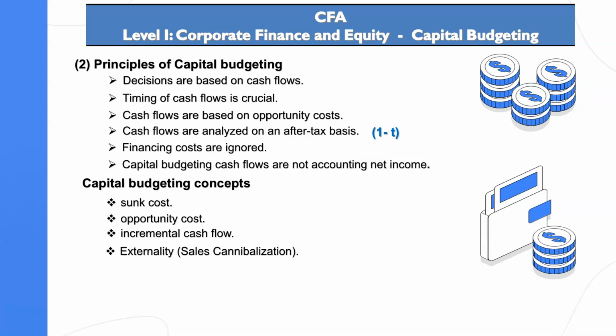If the project increases the sales in one section of the company and decreases the sales in the other part of the company, say you have two sections, a section that sells in country A and the new project will sell in country B. If taking the new project takes out some sales from A, this is called sales cannibalization, which also should be taken into account, because otherwise you will overstate your cash flows, because you take the old sales and the new sales and add them together, which is wrong.